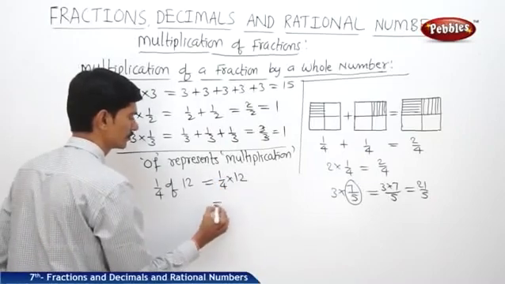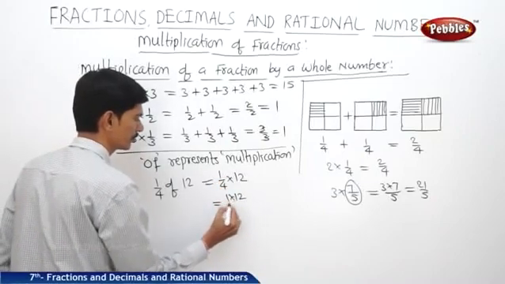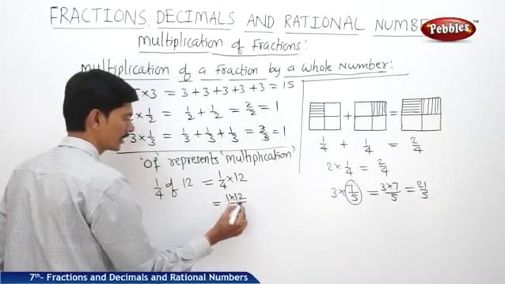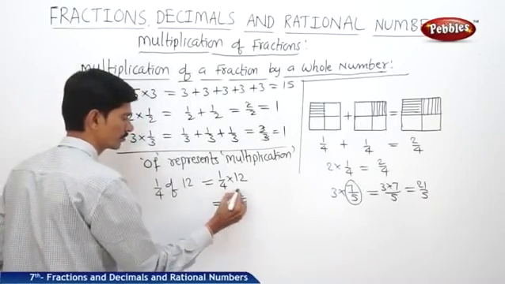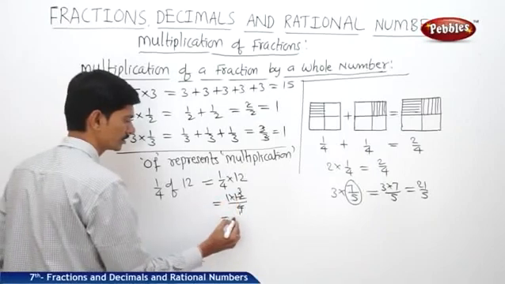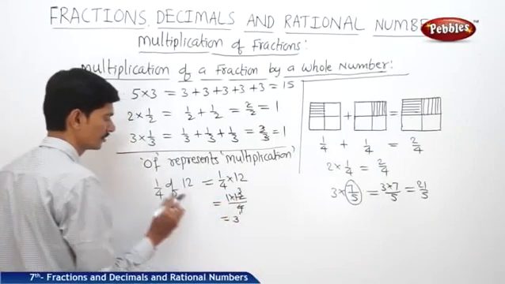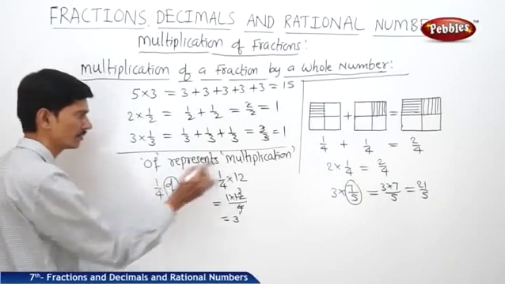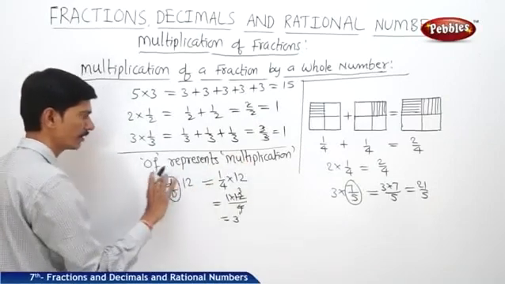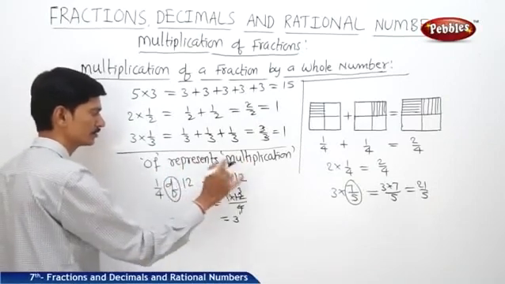So this equals 1 into 12 by 4. So we can cancel 12 and 4: 4 ones are 4, and 4 threes are 12. So 1 three is 3 divided by 1 means 3. So here "of" represents multiplication. So 1 by 4 of 12 means 1 by 4 into 12.